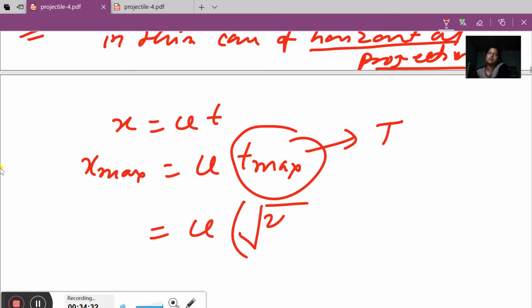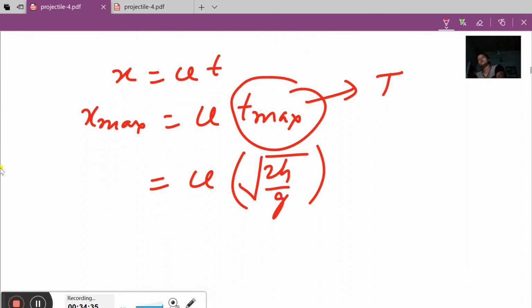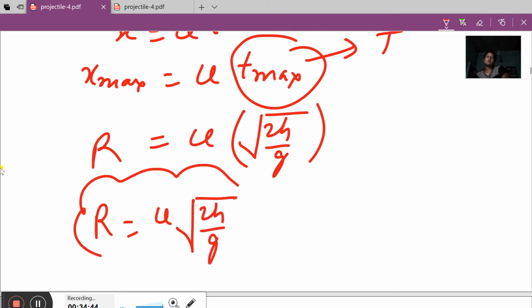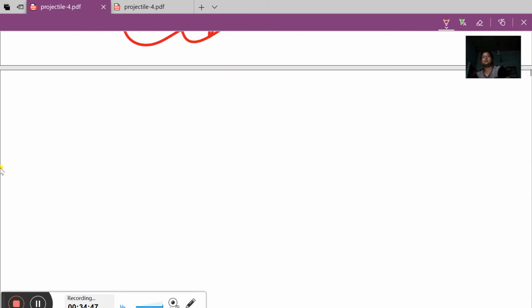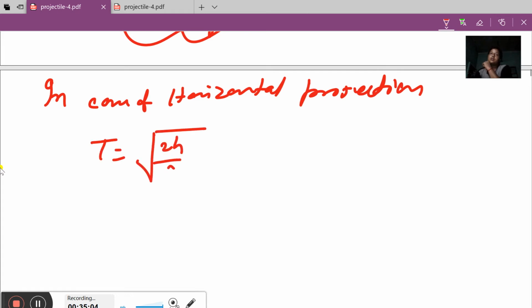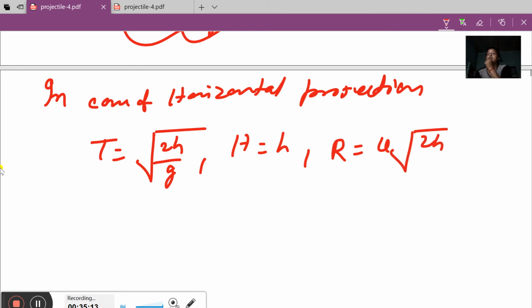What is t? t is under root 2h over g. So x maximum is the range, so range equals u under root 2h over g. So in case of horizontal projection, time of flight is under root 2h over g, greatest height is the given h, and horizontal range is u under root 2h over g.